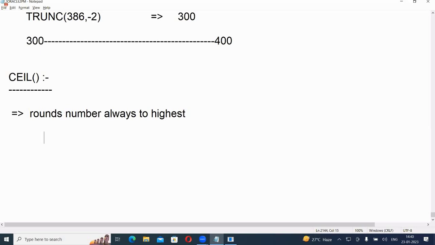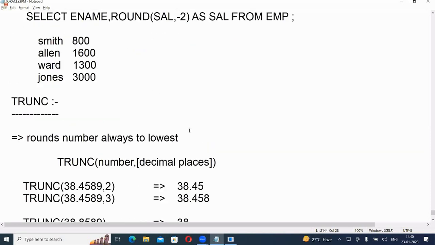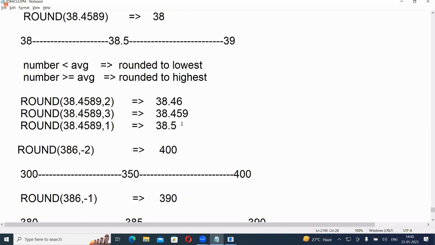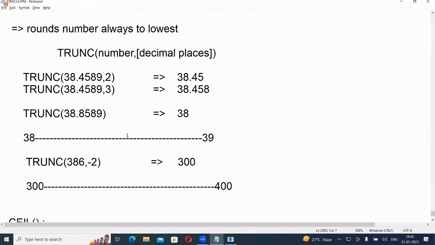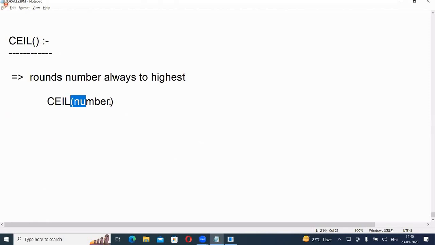But the ceil function takes only one argument, that is the number. It will not take decimal places. Round and trunc functions take decimal places. But ceil will not take decimal places. Only the number you pass is rounded to the highest.